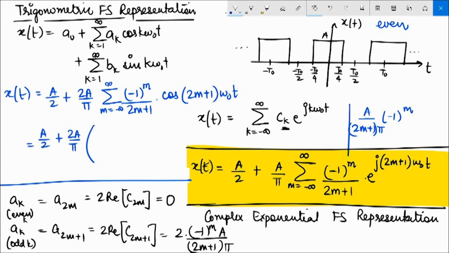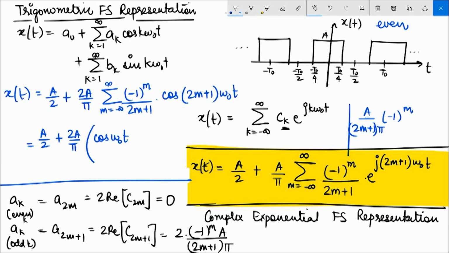Now I can simply just find the first few terms. So when m is equal to 0, this is equal to 1 upon 1 cos omega naught t. When m is equal to 1, denominator is 3 and numerator is minus 1 because minus 1 to the power 1.